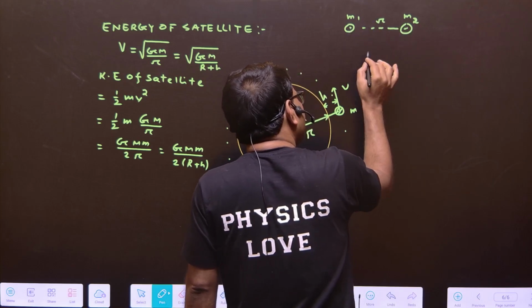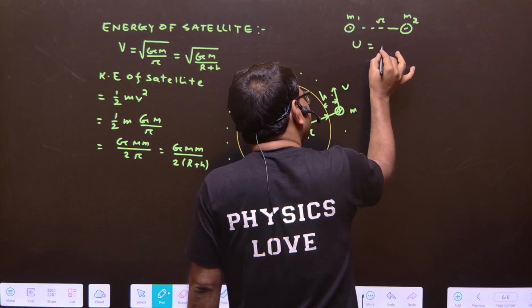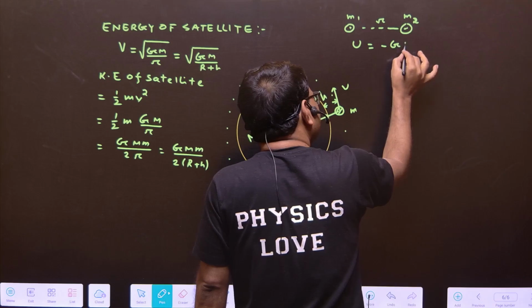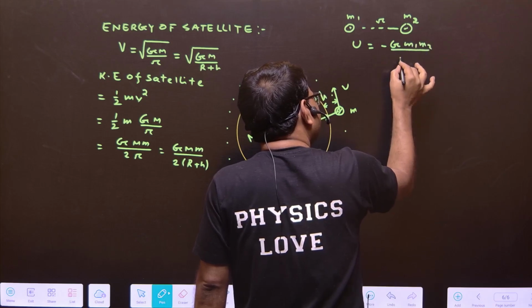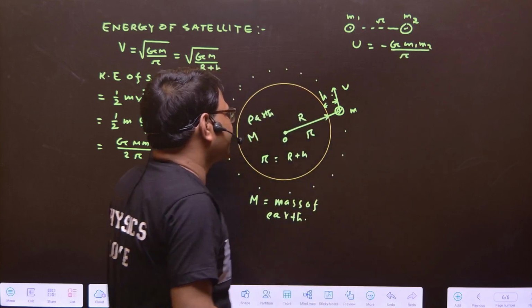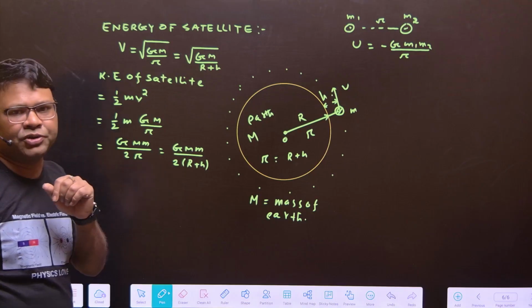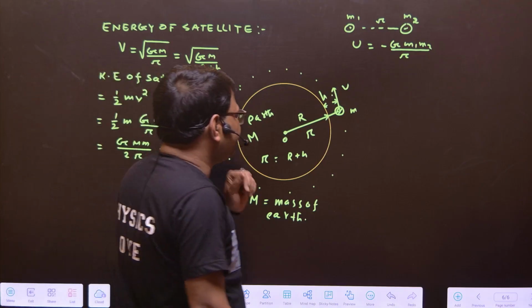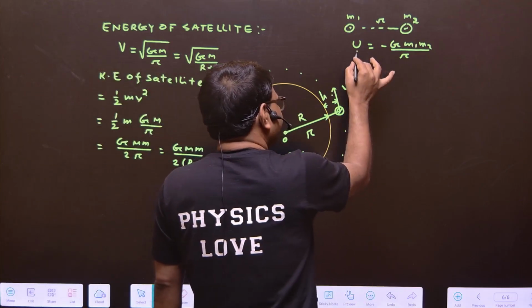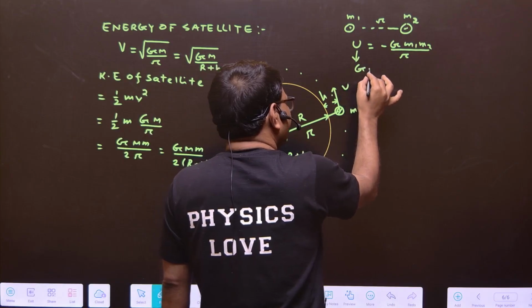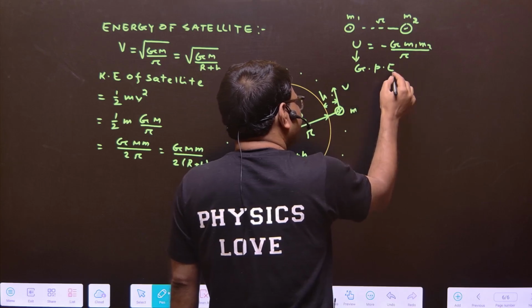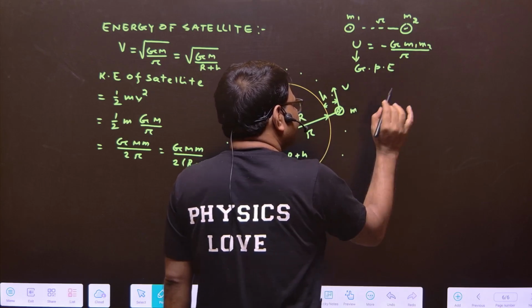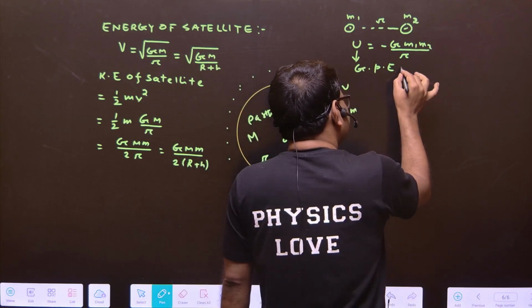The gravitational potential energy U formula you have seen: minus G m1 m2 divided by the distance between them. Distance should be taken center to center. This is the gravitational potential energy U, G.P.E. G.P.E. means gravitational potential energy. Okay, I am writing also.